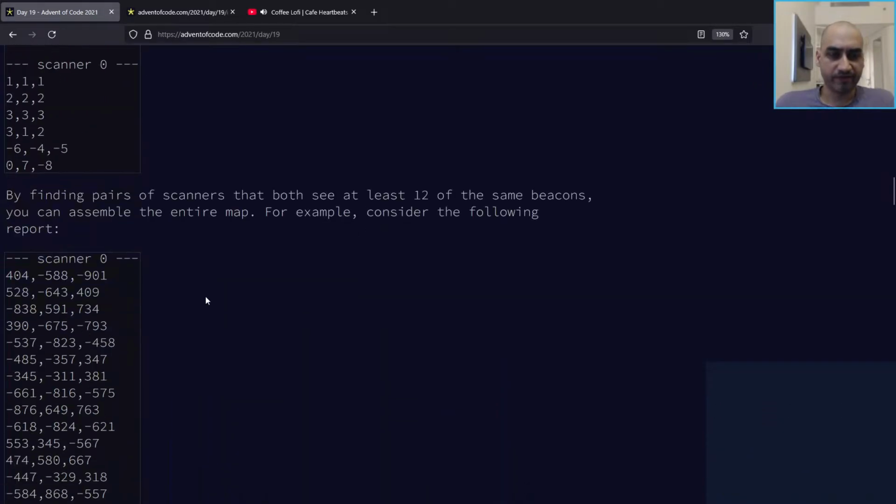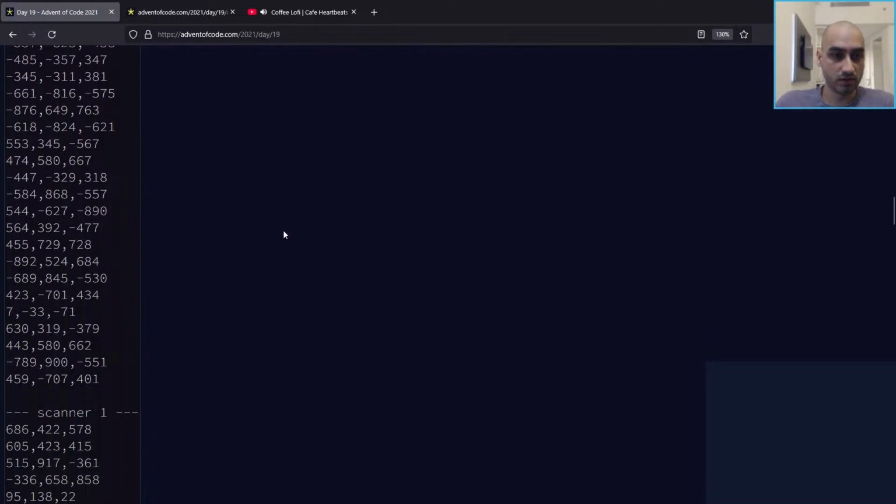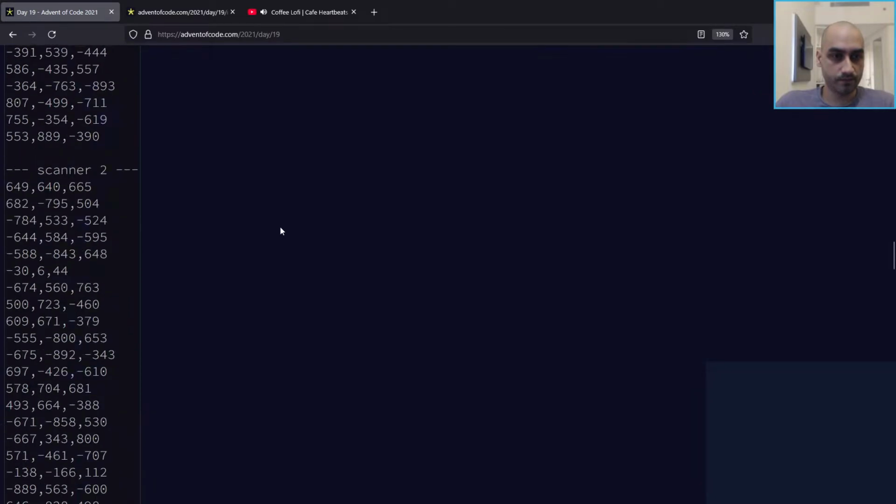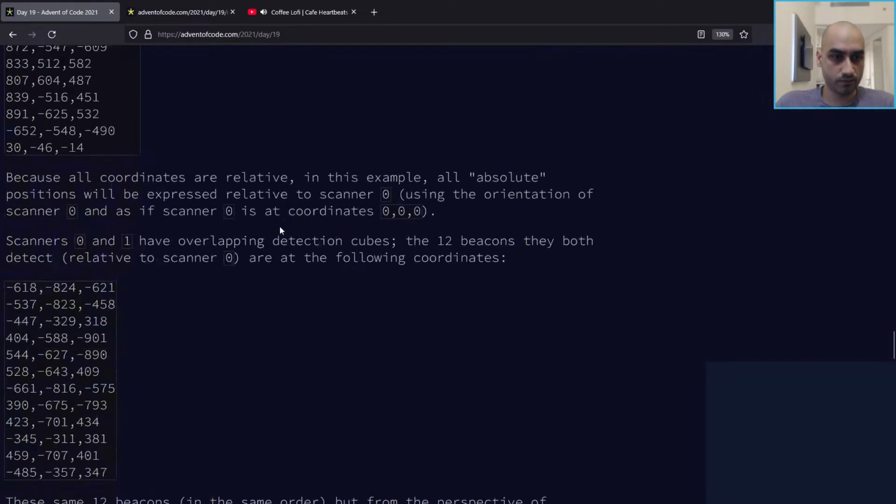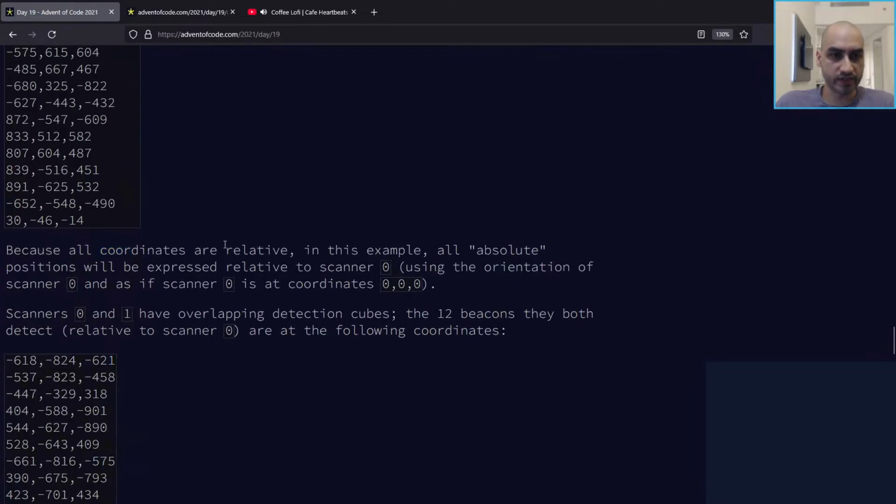By finding pairs of scanners that both see at least 12 of the same beacons, you can assemble the entire map. For example, considering the following report. Because all coordinates are relative, in this example, all absolute positions will be expressed relative to scanner 0.